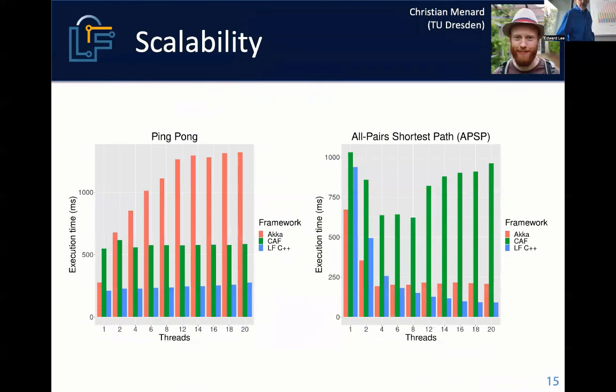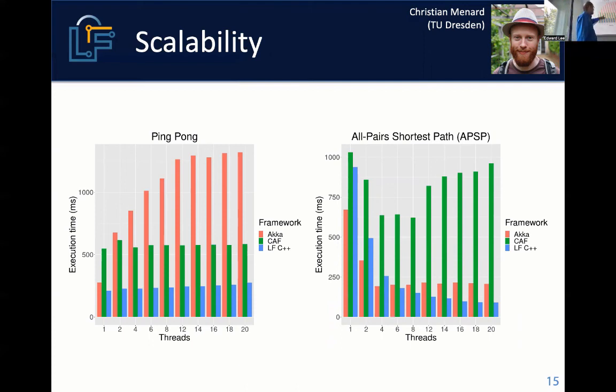Here's two rather nice examples, I think, where we really do well. This is the ping pong example, a very simple example where you just have a large replicated pairs of components that are just sending messages to each other. There's no parallelism in the application.